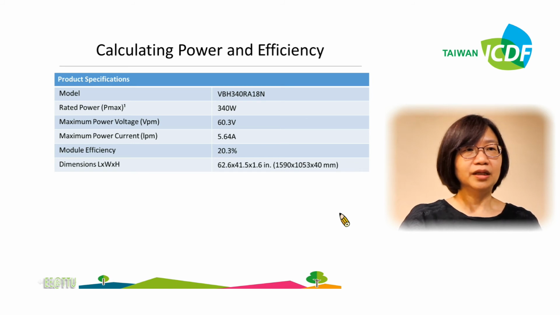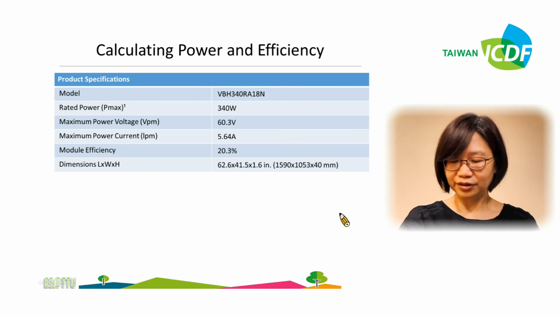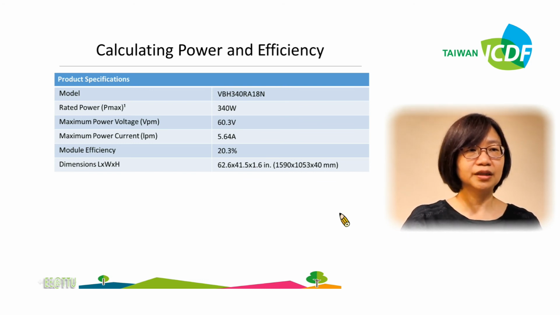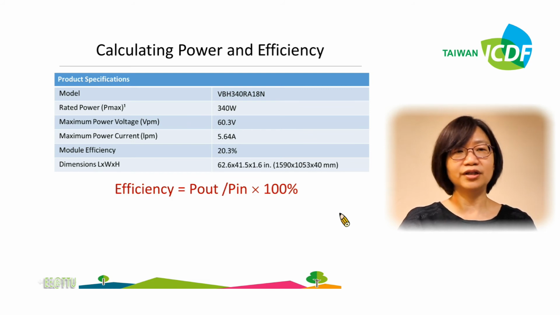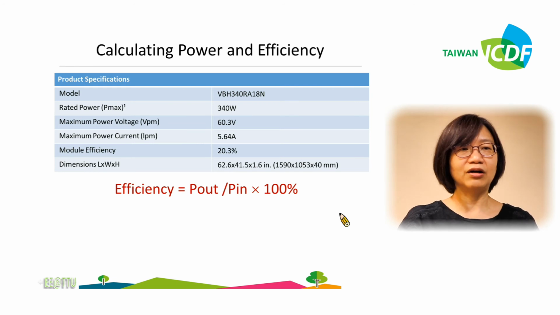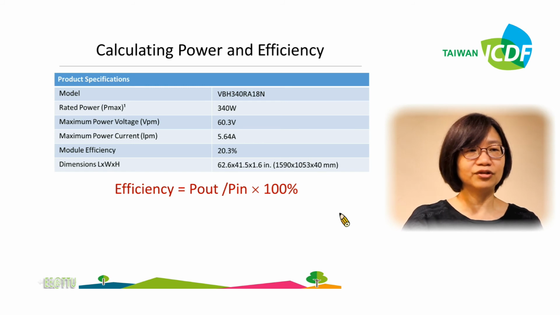From the data sheet, you can also see the module efficiency, and we can actually calculate the number according to the spec. First of all, we need to define the efficiency. The efficiency is the power output divided by the power input, in percentage.